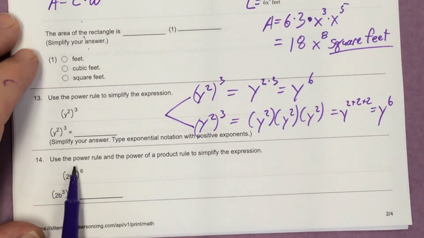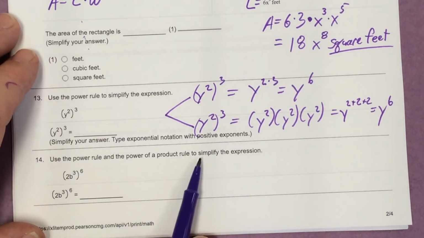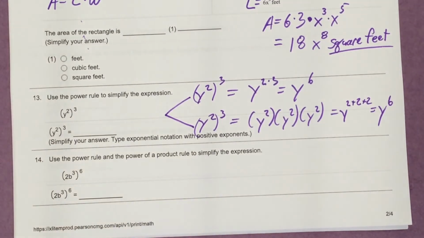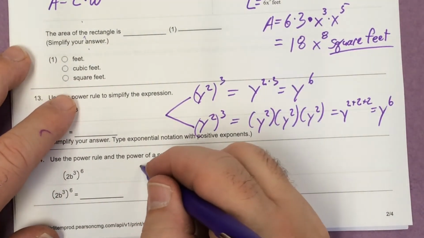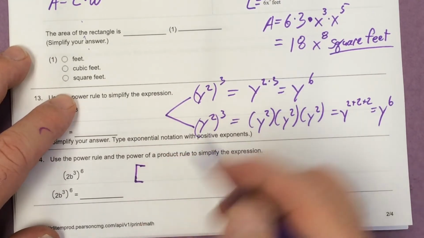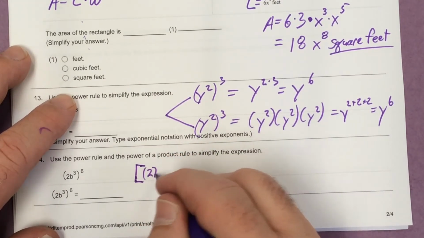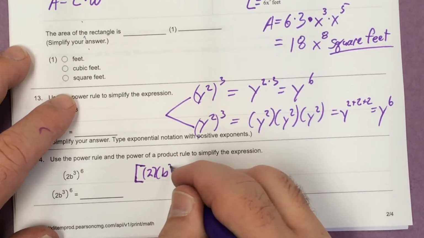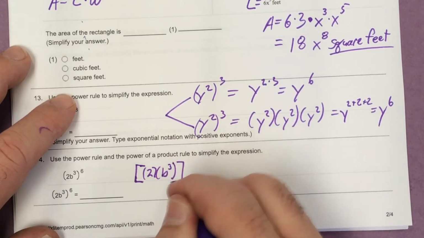Okay. Now it says use the power rule and the power of a product rule. So it sounds like we're putting two things together at once, and in fact, we are. So I'm going to write this question just a little differently. I'm going to have 2, and then I'm going to have b to the 3rd, and I'll put that in brackets.